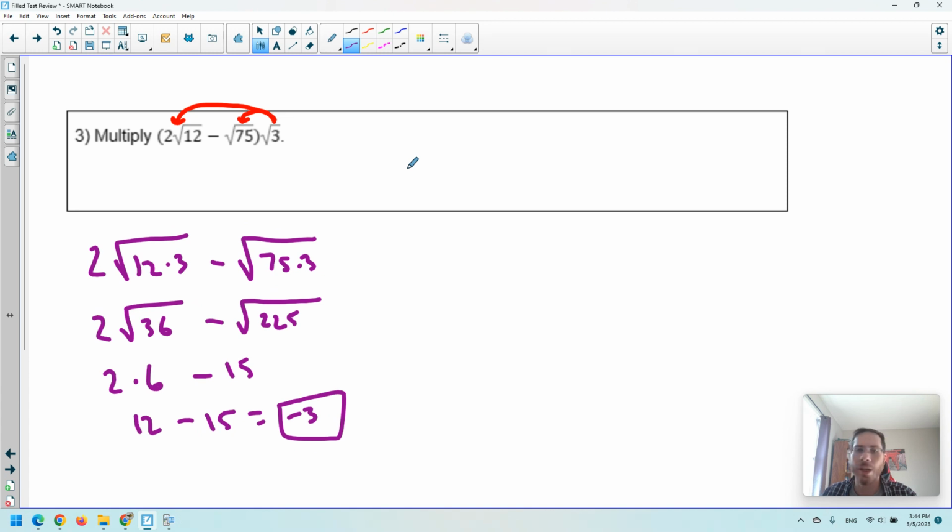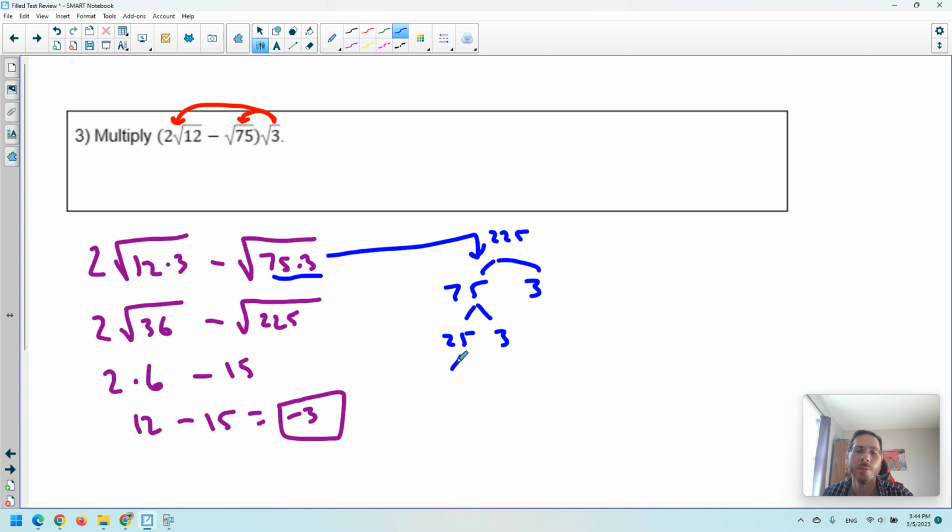If you wanted to do it by hand without the calculator, or if it didn't work out, you may have to break these down. I'm just going to break this one down, because whatever this breaks down into is going to be 75 times 3, which was 225. But then 75 breaks down into 25 times 3, which breaks down into 5 and 5.